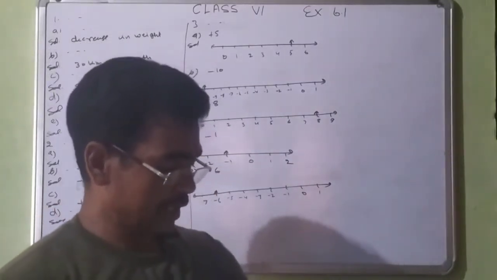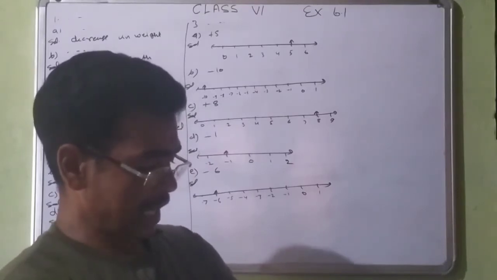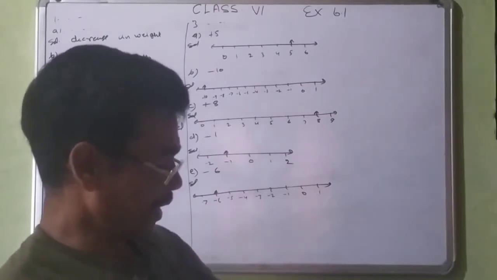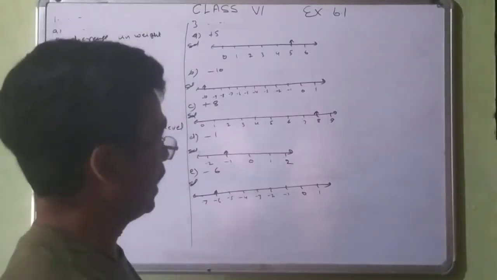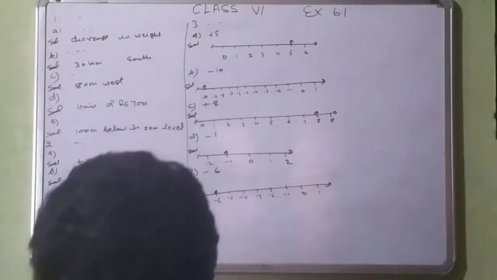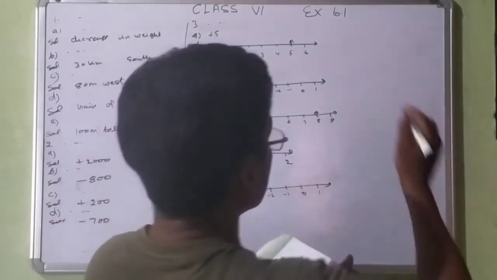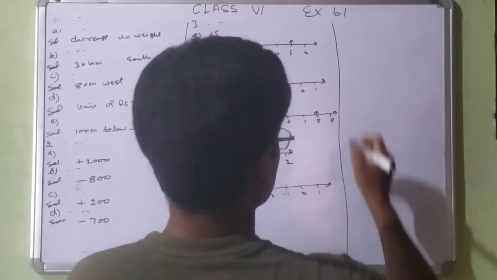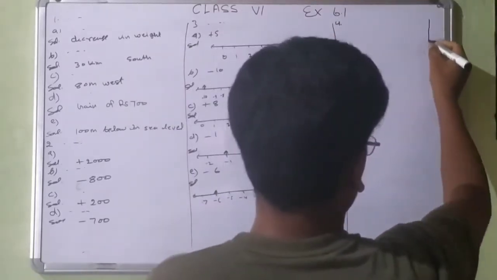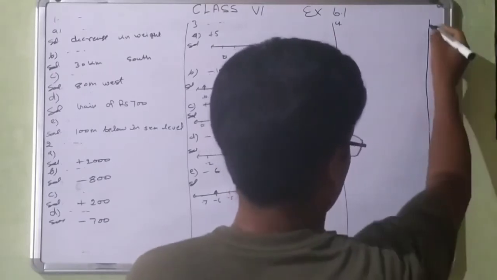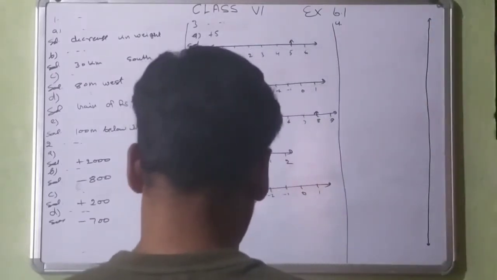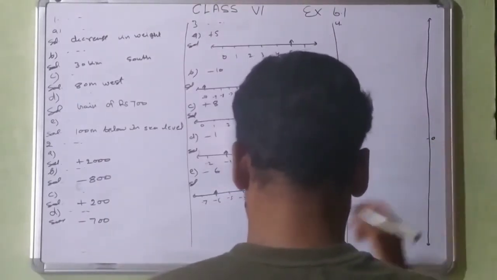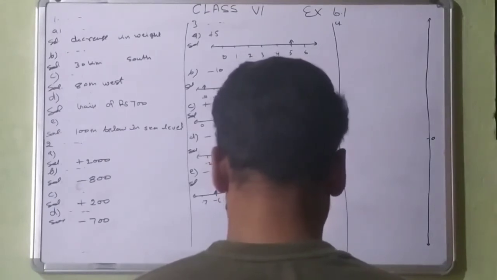Fourth question. Adjoining is the figure of a vertical number line representing integers. Observe it and locate the following points. A, B, C, D, E parts are there. Sorry, this is the fourth question. One diagram is given. 0 is in the center, and above the 0 are 1, 2, 3, 4, 5, 6, 7, 8.